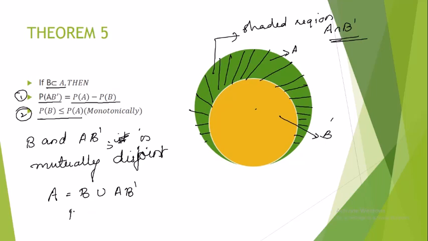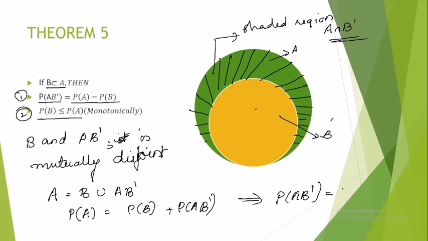Applying probability, the axiomatic definition, you get probability of A is equal to probability of B plus probability of AB complement, right? Which implies probability of AB complement is equal to probability of A minus probability of B. So the first part is proved.